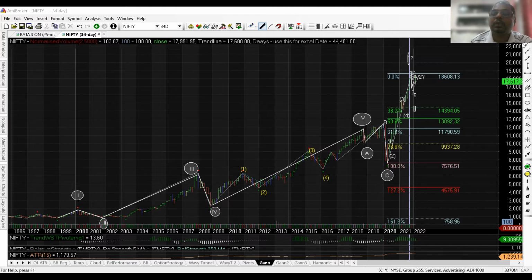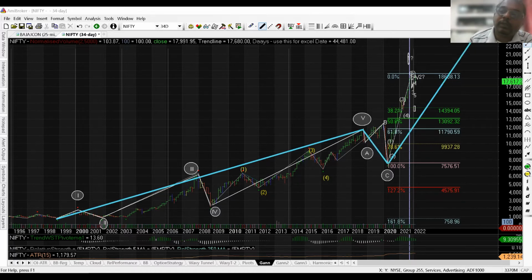If I have to draw it, let me just quickly draw that. I'll draw it with this, which is a little thicker, and I'm going to draw it with blue color. So this is full wave 1, this is wave 2, and now we are going to have wave 3, which is going to be a huge wave 3.